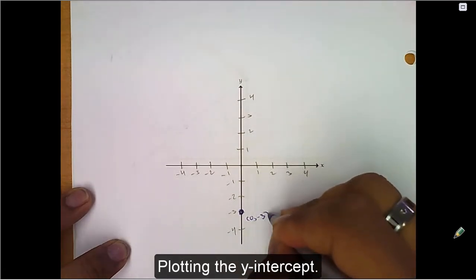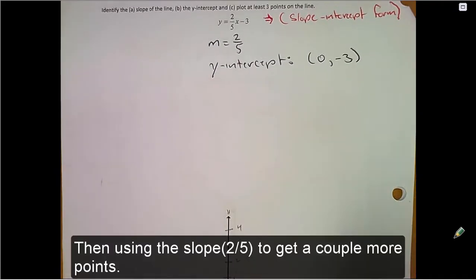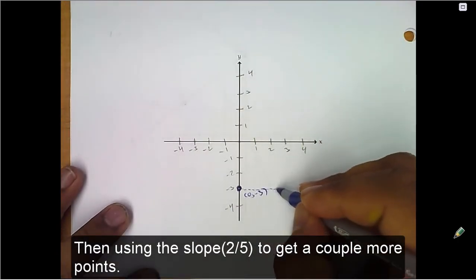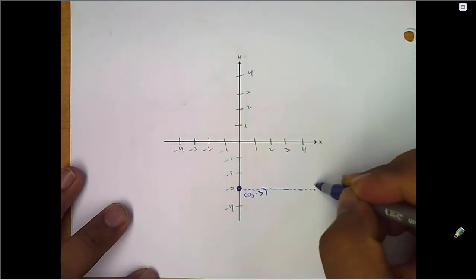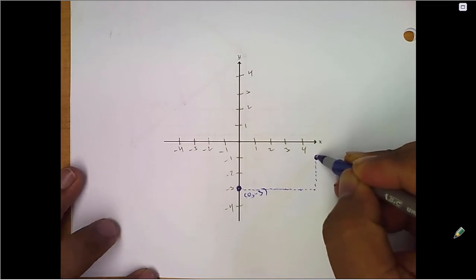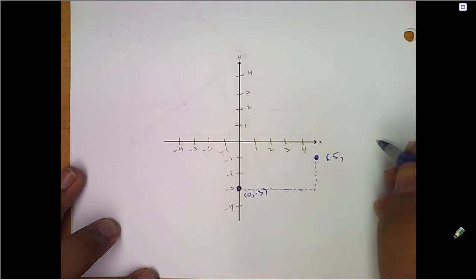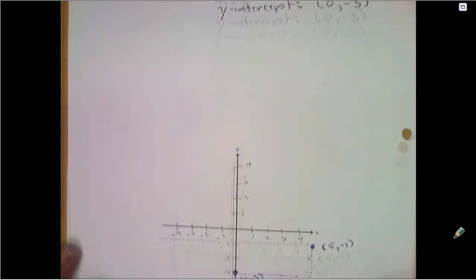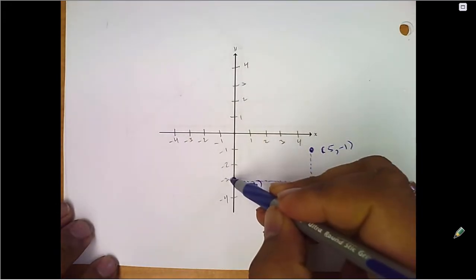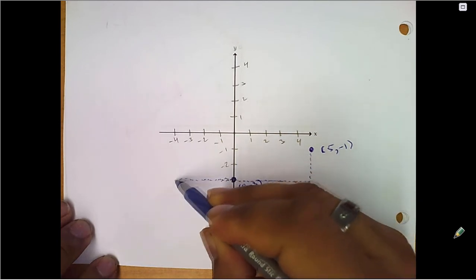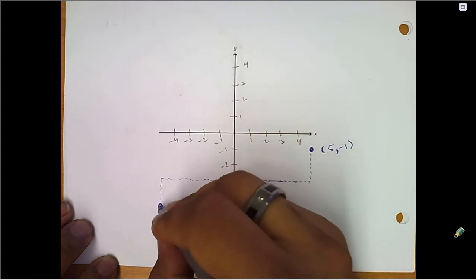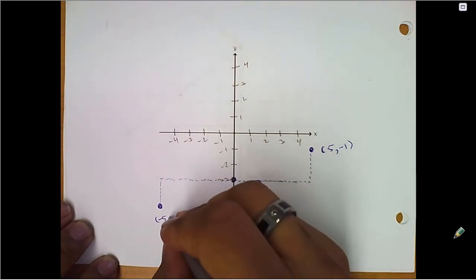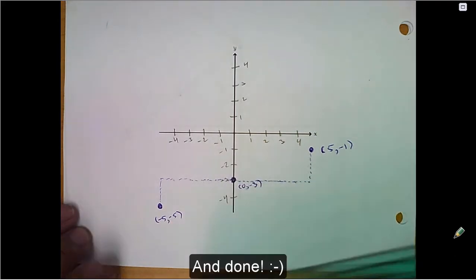First plotting the y-intercept, then using the slope 2/5 to get a couple more points, and done.